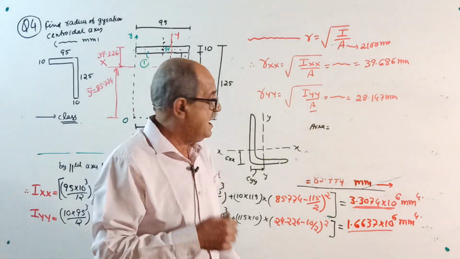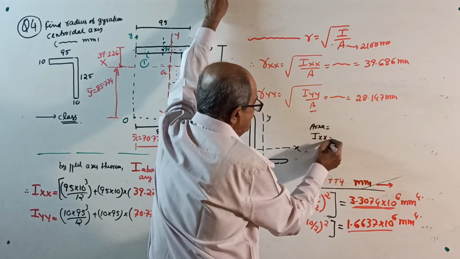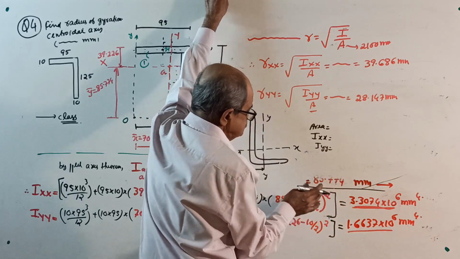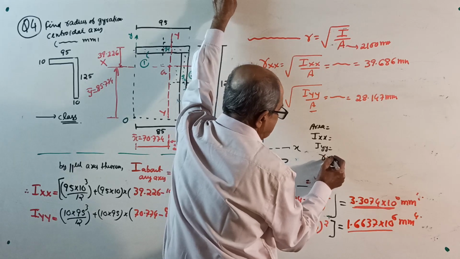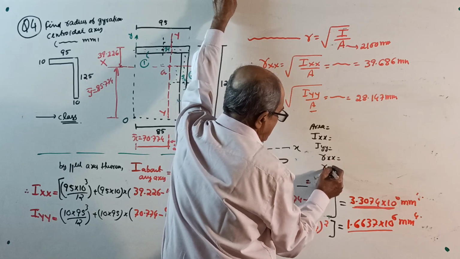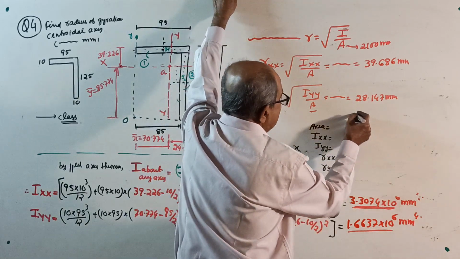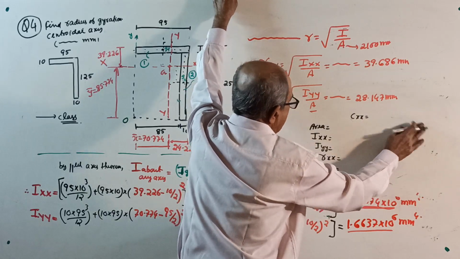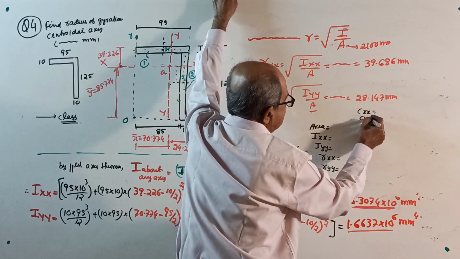Then they told I about xx, I about yy, and r about xx, r about yy. All are given, and CXX, CYY also given.